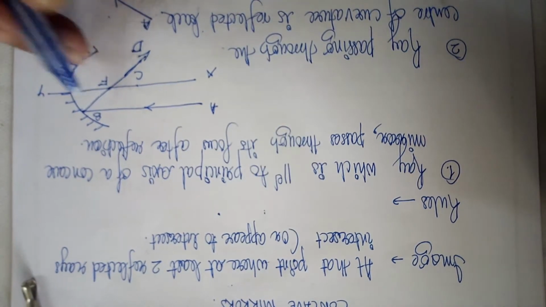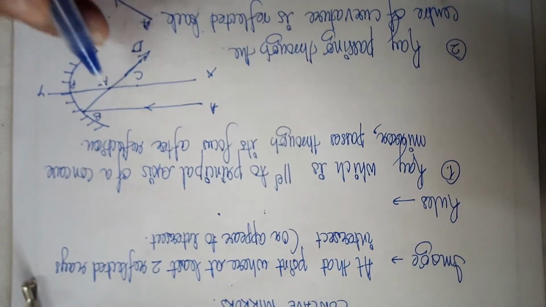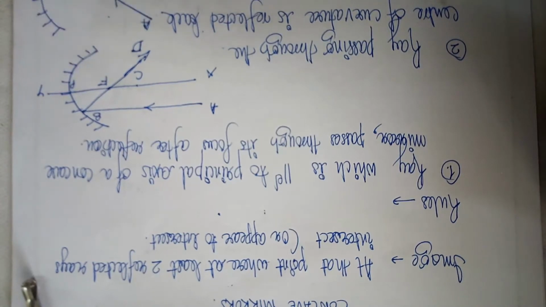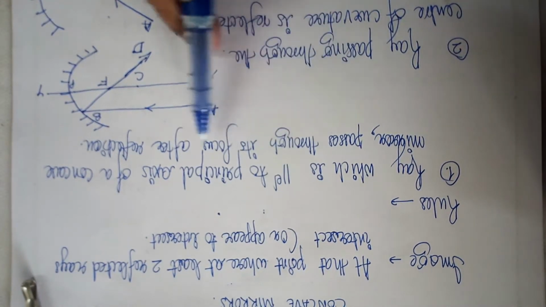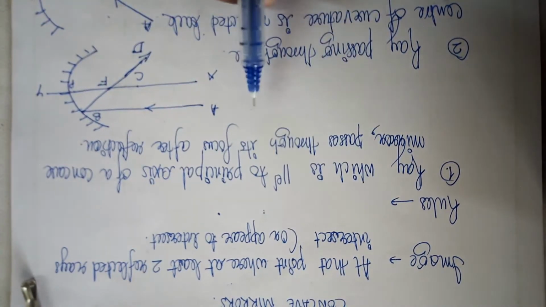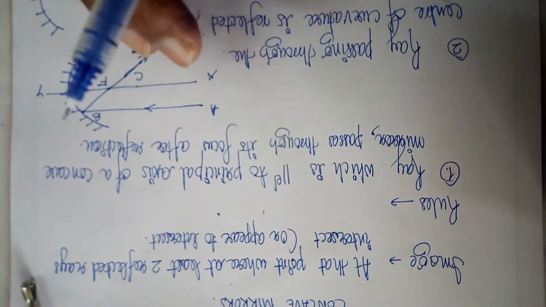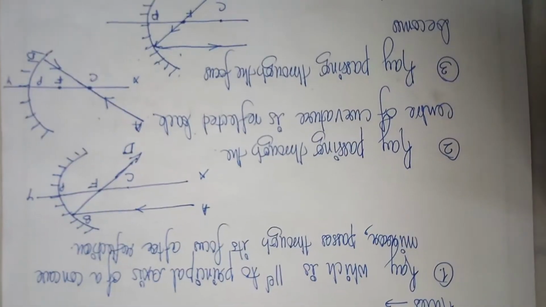After reflection, its path changes, passes through the focus and goes in the direction BD. This is Rule 1. A ray which is parallel to the principal axis of a concave mirror passes through its focus after reflection. This is the first law of reflection of the concave mirror.